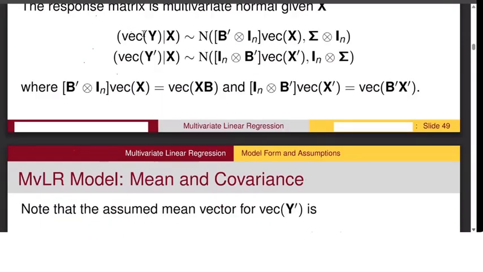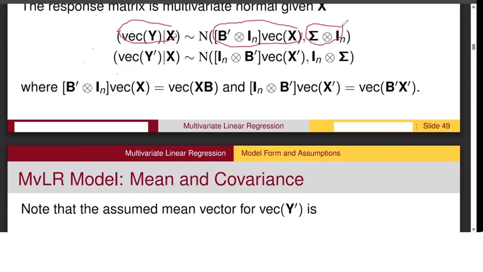The vector of y given x. So what I'm trying to tell you here is that this is the mean of this guy. Then this is the variance. So you can see the mean, you can see the variance. In the case of a single vector, the variance was sigma squared times identity.